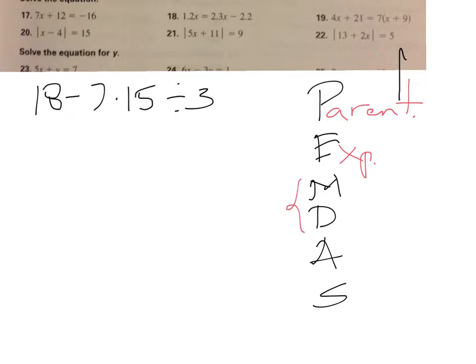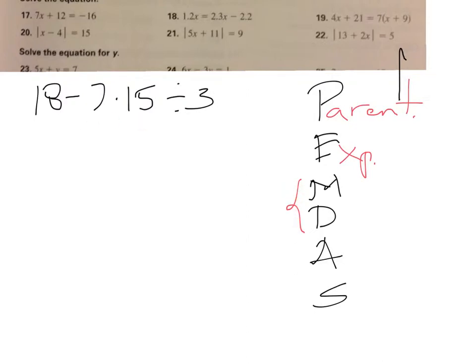whatever comes first. So now I have 18 minus 7, that's a subtraction. But here I have 7 times 15, then divided by 3. The order of operations says multiplication and division, whatever comes first. In my case, I have a multiplication coming in.